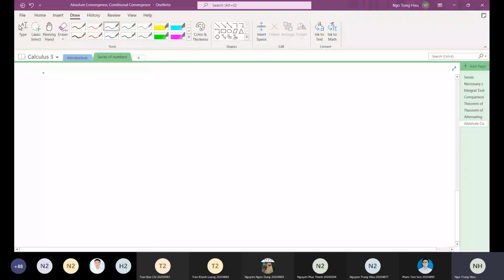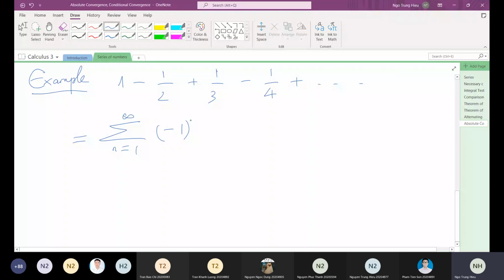So our next example, right? If we take the series 1 minus 1 half plus 1 third minus 1 fourth and so on. So this is the series (minus 1) to the n plus 1 times 1 over n.